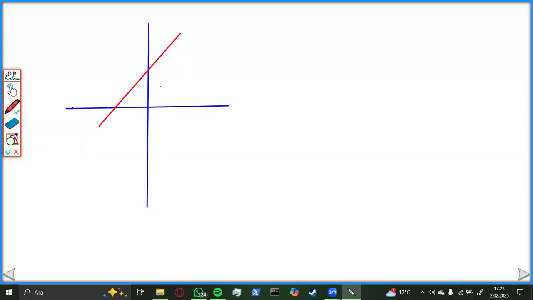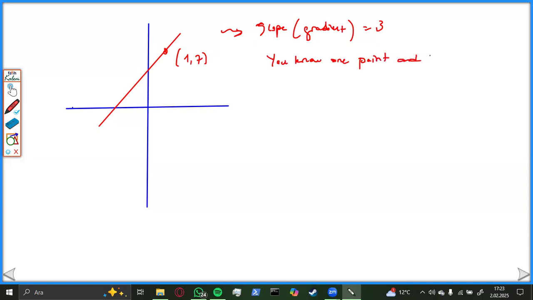Assume that you know the slope of the line. When you look at the question, the slope is given, for instance, the gradient for that line is 3. And you know one point on the line, and you assume that it is (1, 7).